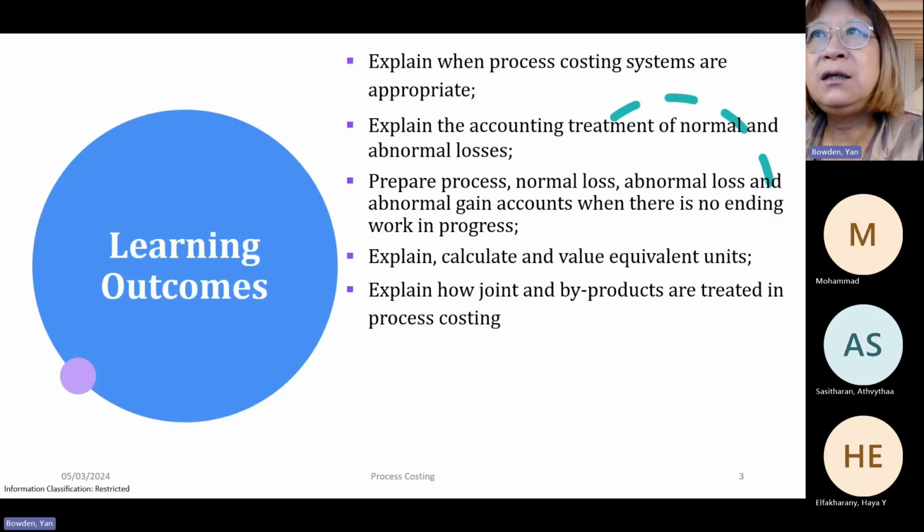In terms of the key learning outcome, today we are looking into what this process cost system is about, and also why it's important, what the purpose of using this method is, how this method is different from other methods, and some of the key elements when looking at process costing.